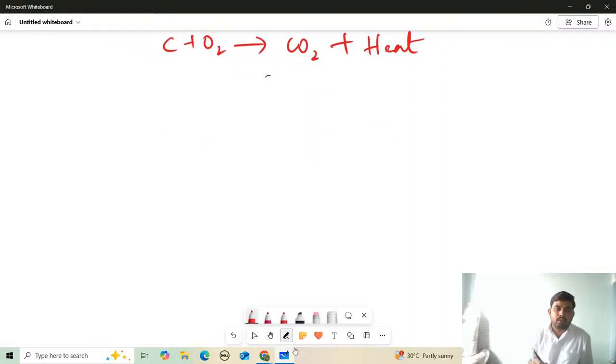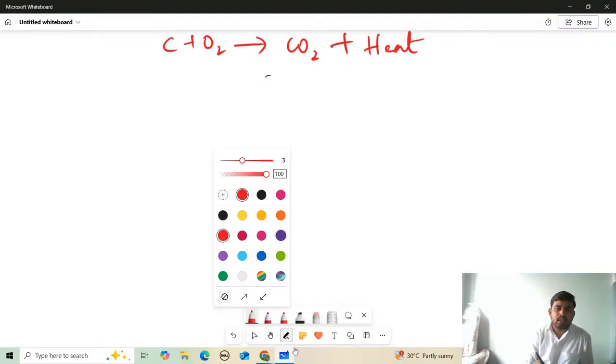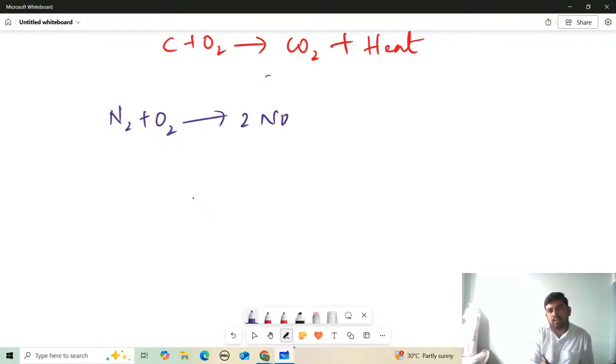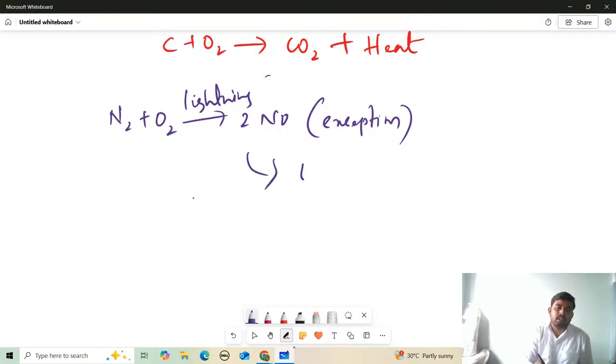One more thing: there are certain reactions which in chemistry we call exceptions. Suppose N2 gas combines with oxygen to form 2NO. This reaction generally occurs in the presence of lightning. This is the exception case. This kind of combination is endothermic in nature.